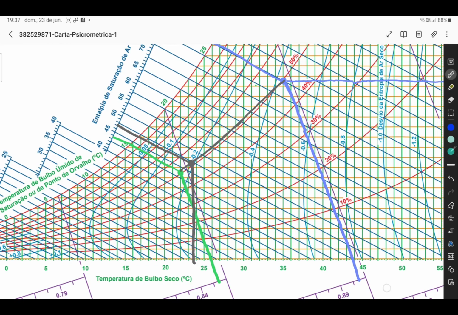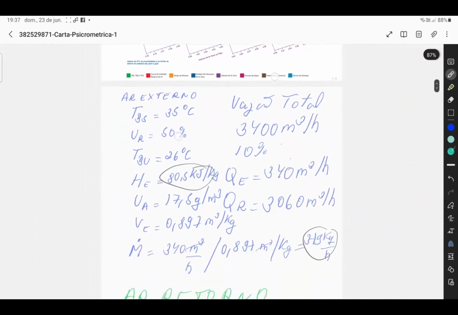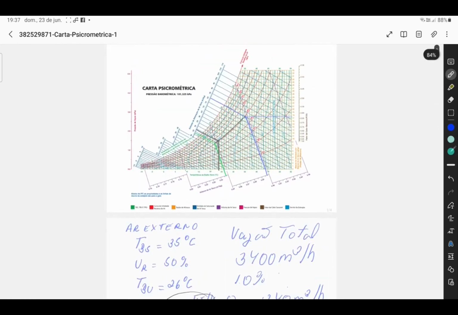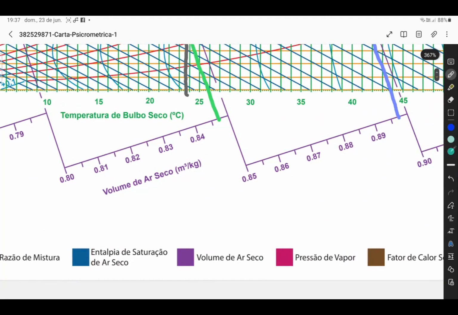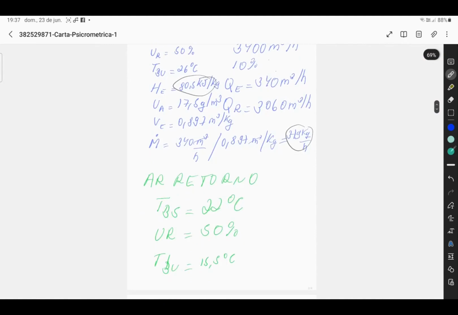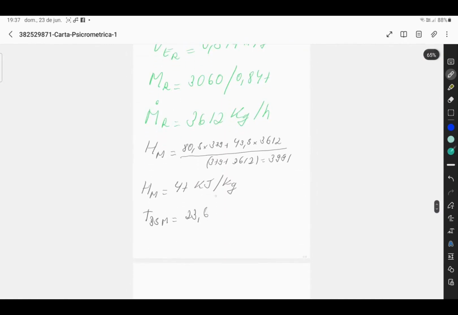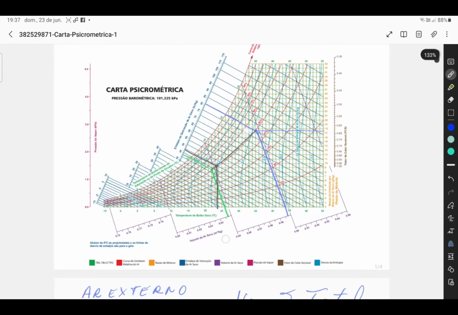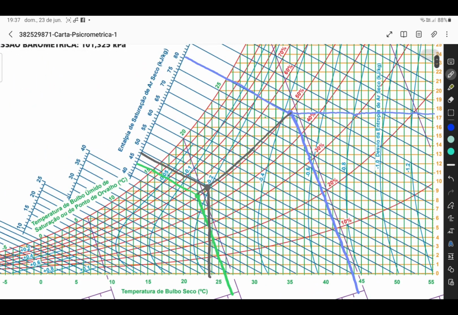The wet bulb temperature of the mixture will be 15, 16, 16.7 degrees Celsius.